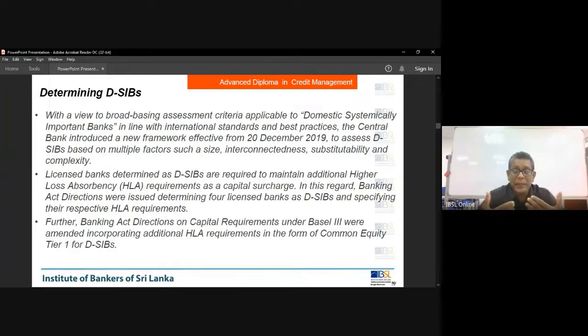Now the domestic systemically important banks, I call them DSIBs, right? They were further analyzed, and certain factors were taken into account: the size of the bank, the interconnectedness of the bank with others, to what extent you can substitute that bank if something happened to it, and the complexity of its dealings with businesses and other external and internal parties.